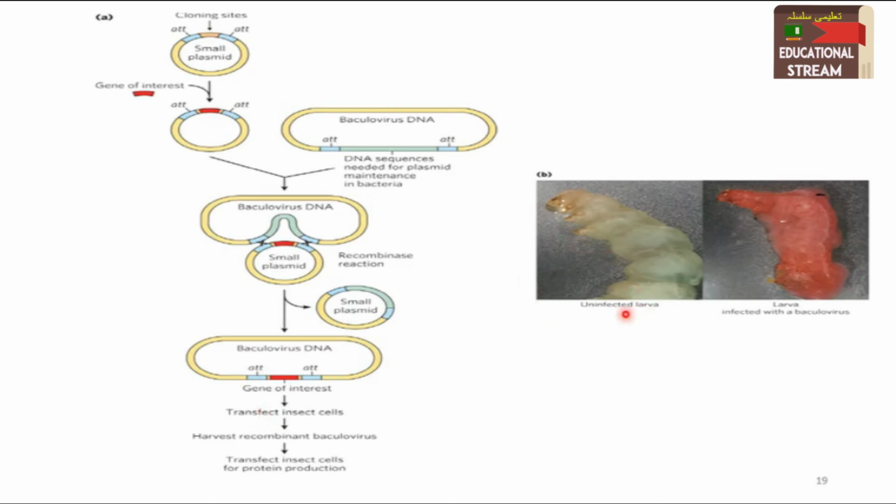This diagram shows the insect larva which is infected with a recombinant baculovirus vector expressing a protein, and the protein expression shows the red color. And this shows the uninfected larva which was not transfected or infected with the recombinant baculovirus vector.